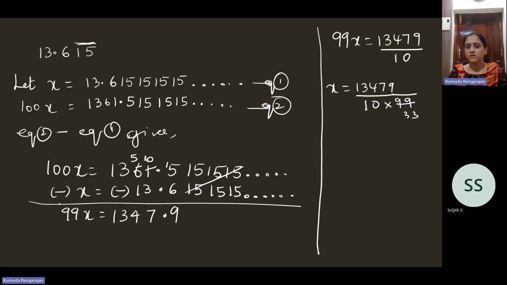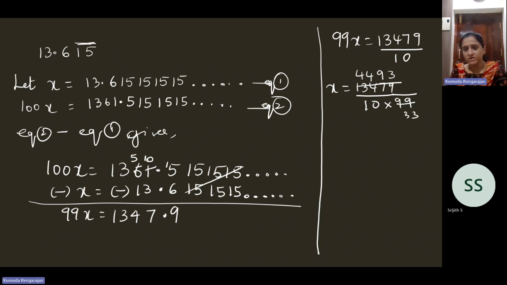So this whole number is also divisible by 3. 3 4s are 12, 1 remains. 3 4s are 12, 2 remains, 3 9s are 27, and 3 3s are 9. Is it further divisible by 3? It's not divisible.